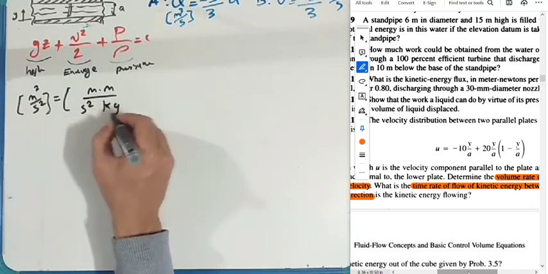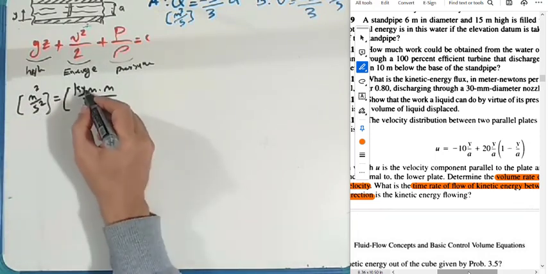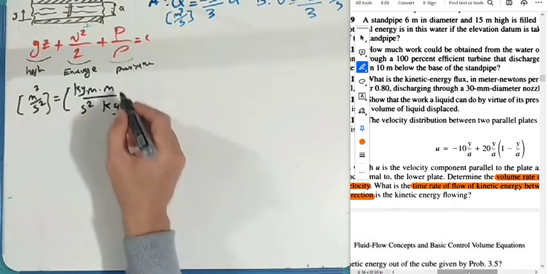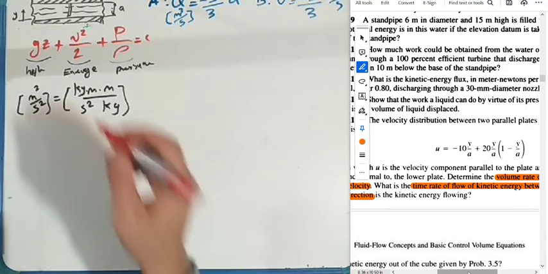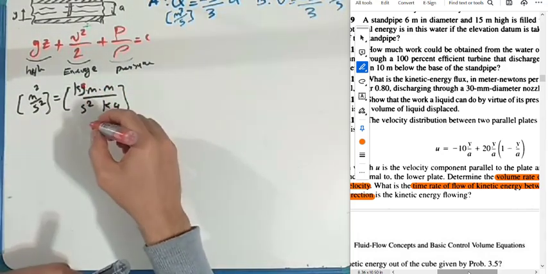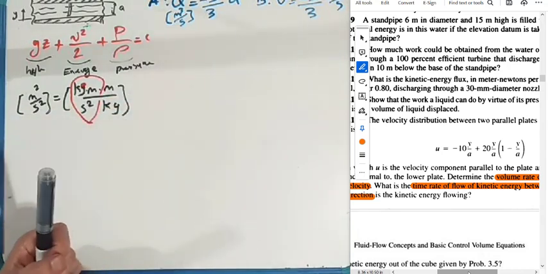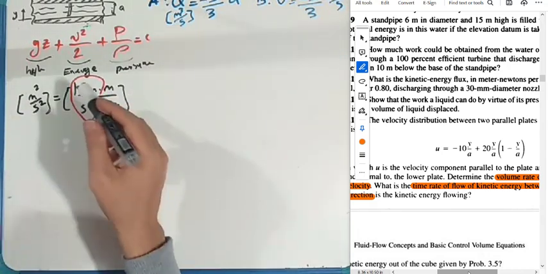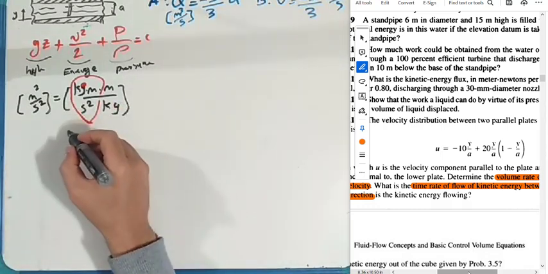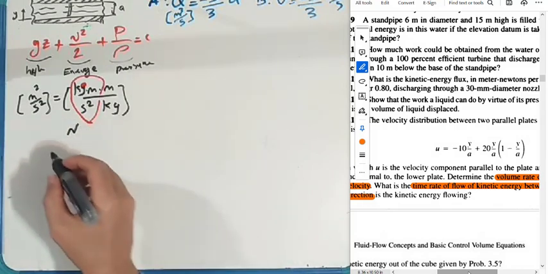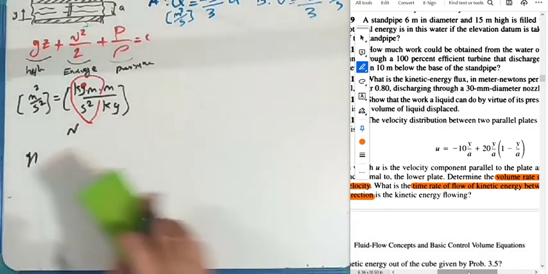If I add a kilogram here and a kilogram here, then what is it? Kilogram meter per second squared. It is the unit for Newton. We knew that. Let me write it this way.